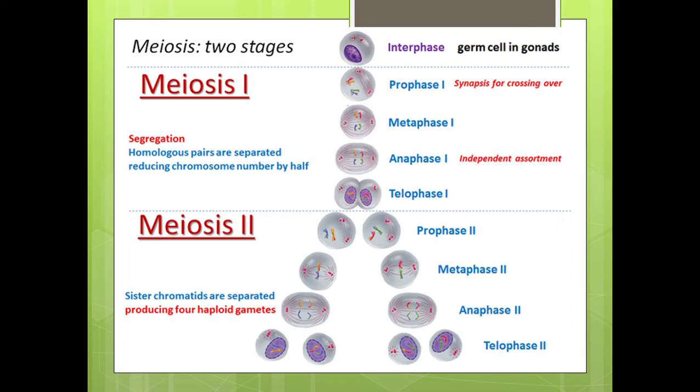All right, and I want you to take a look at the cell we have right at the top of the image. And I want you to see the number of cells that we have right at the end. So we start with one cell, and after all of this process, we end up with 4 different cells. That is another difference.